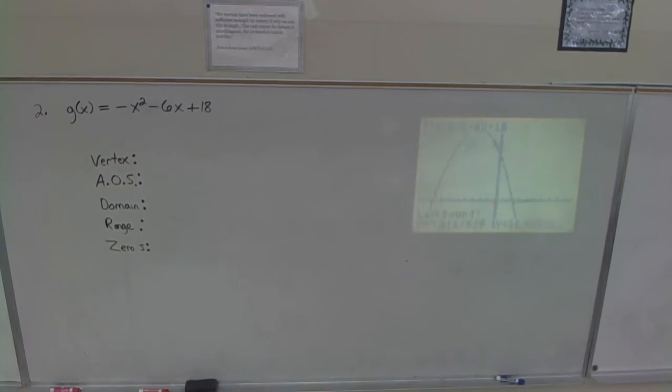So now we got to scroll up to the top and go on the left, somewhere like that, and go on the right. Maybe like right there is good enough. My equation's kind of in the way. And there you go, it told me vertex. So I'm going to write that down.